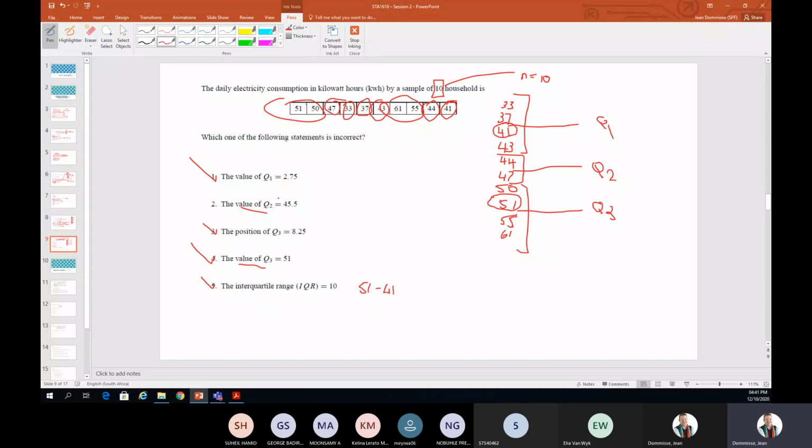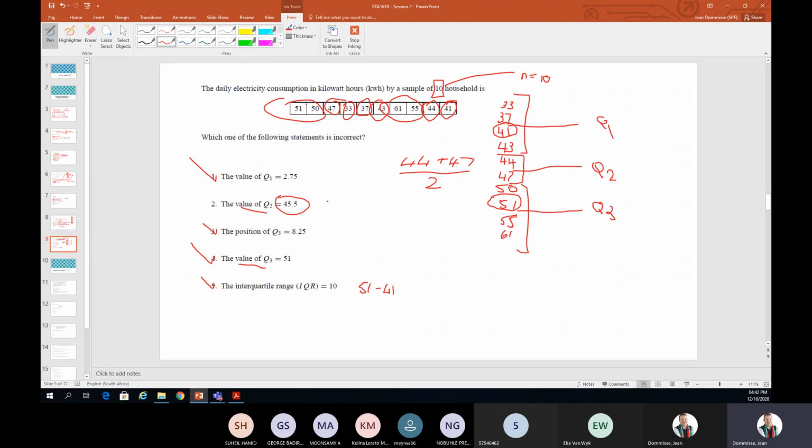So the value, that should be wrong, but let's just see. It is 44 plus 47 divided by 2, which I think is sure. Okay, what is that? 44 plus 46 divided by 2.